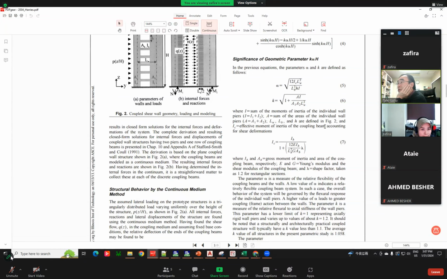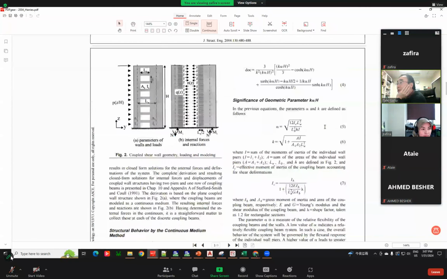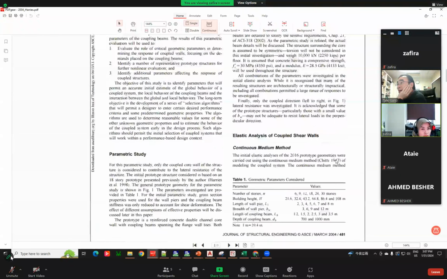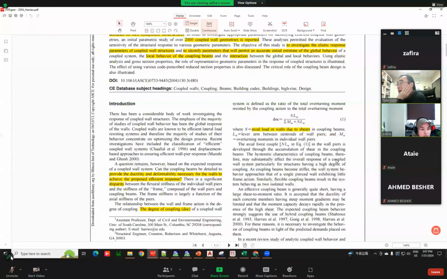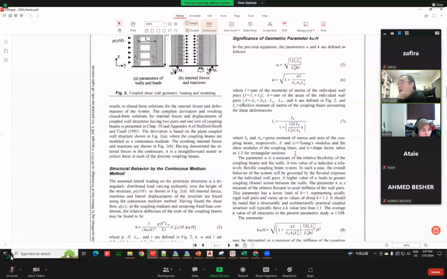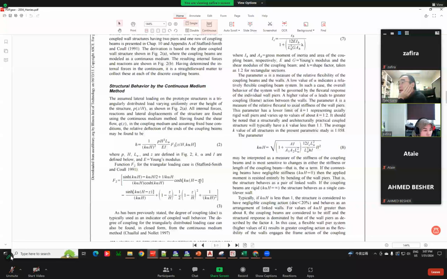So this K is used for the equation. Could you go up? Equation 4. And where is equation 3? Equation 3. Here. Also K is up here. And equation 2 also.